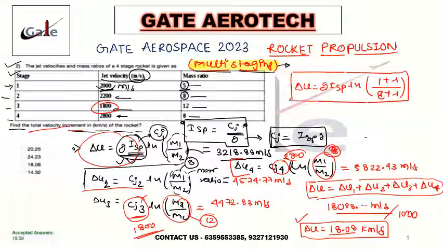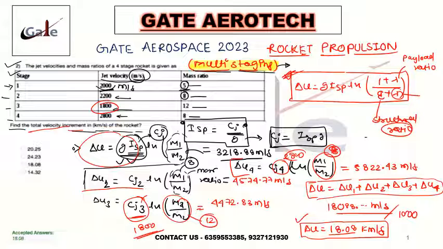You will get a similar value, but here lambda is the payload ratio. Okay, and sigma is the structural ratio. Okay, and this is again a payload ratio.